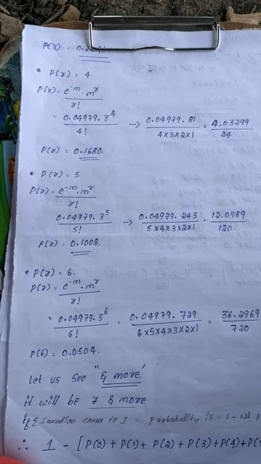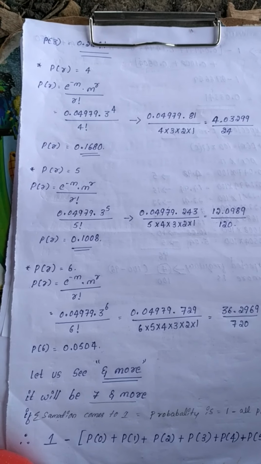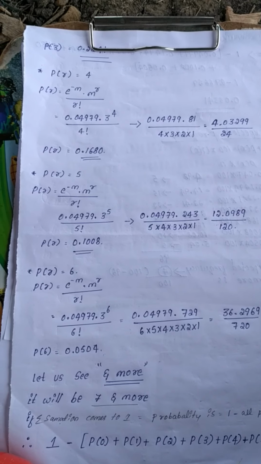Then p of r is equal to 0.1008. Then if r is considered as 6, p of r is equal to e raised to minus m, then m raised to r, then r factorial.